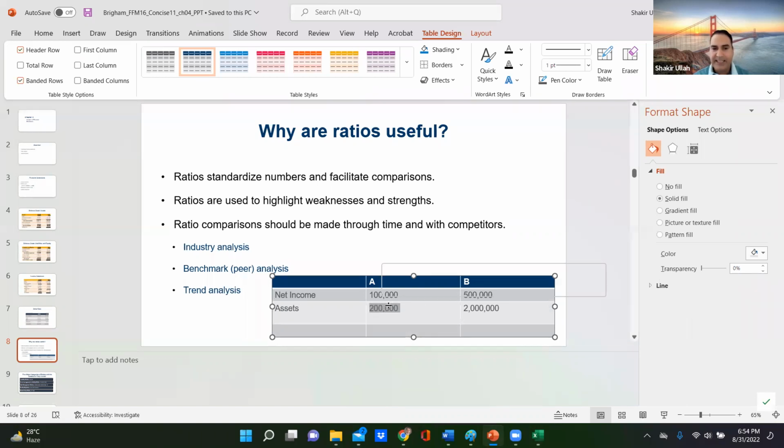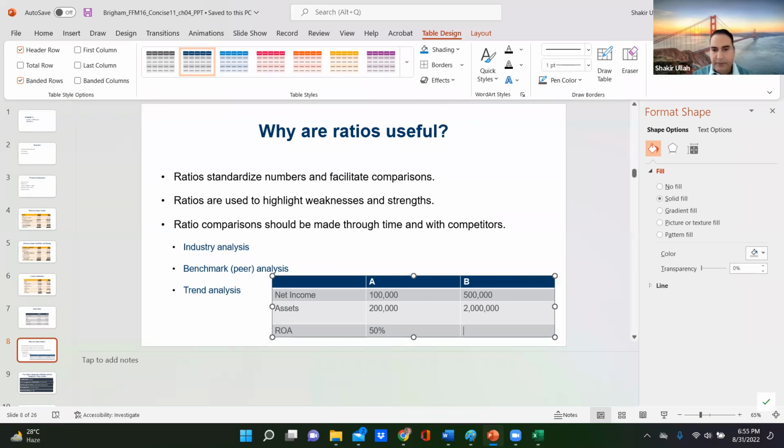Now, in this case, the net income is like almost 50% of the total assets. In this company B case, the net income is only 25% of the total assets. So you can say that company A is earning a return on assets, ROA, of 50%, right?